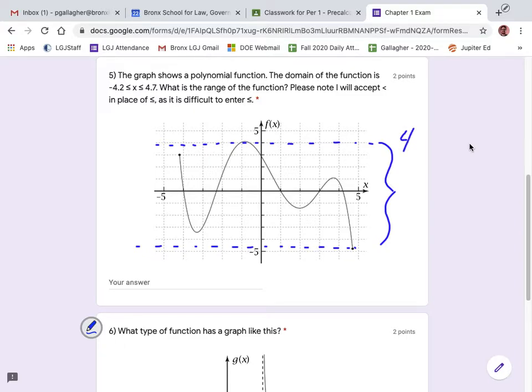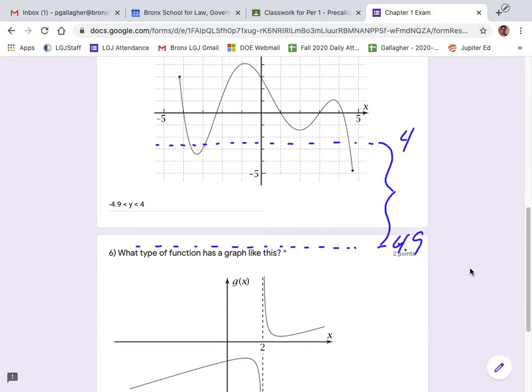I accepted 4, 4.1, 4.2, anything like that. This is at about 4.9, but the 4.9 is negative. So your answer has to be something like this: negative 4.9 is less than y is less than 4. It has to be y less than, because otherwise you can't have a positive less than a negative. It does not work.